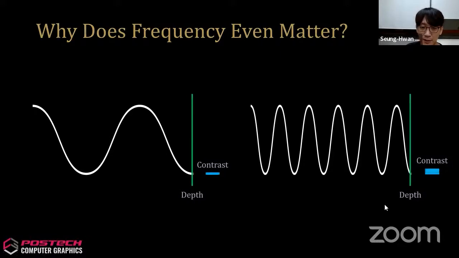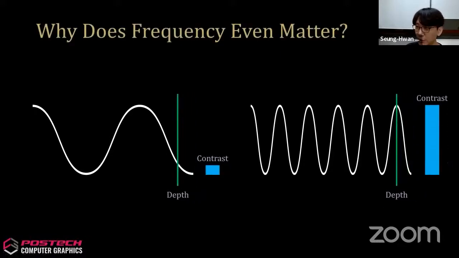Given the same depth change of a scene, we have much higher contrast on the right, right? And this means that we can distinguish two different surfaces with slight depth difference if we use this high frequency intensity modulation.